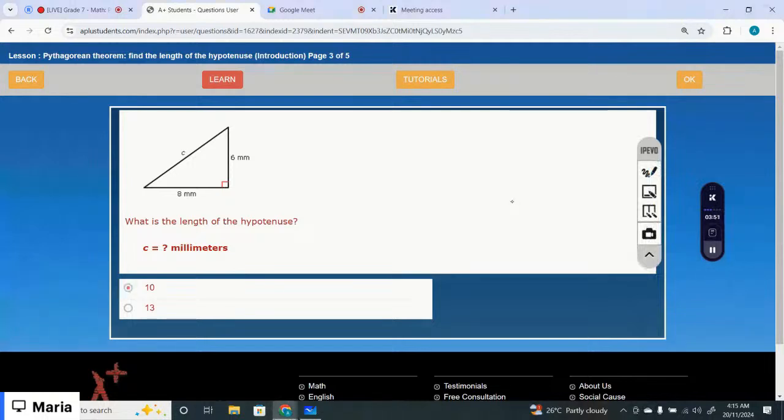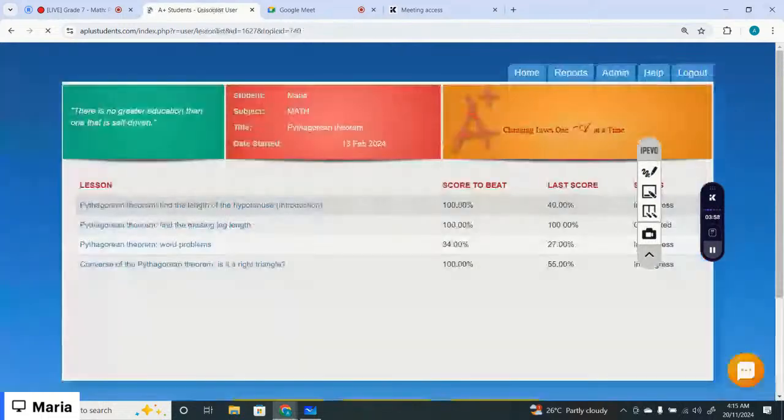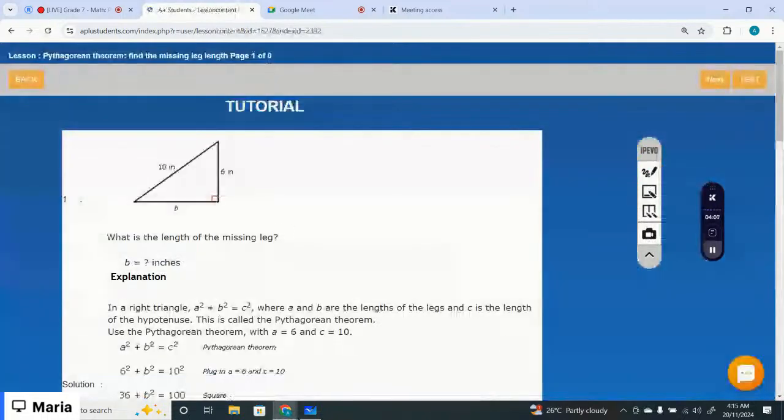Okay, you can complete the lesson by yourself later today. Let me just move on to next lesson. The next lesson is Pythagorean theorem. Find the missing leg length.